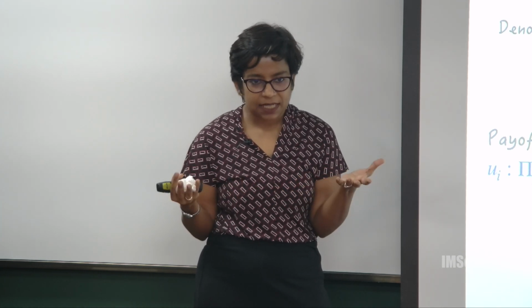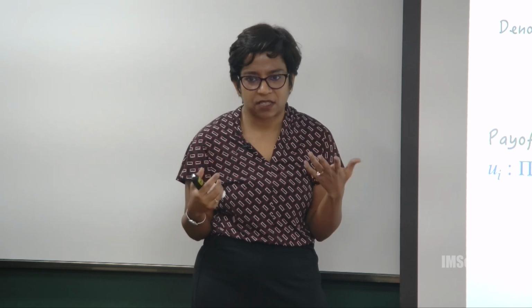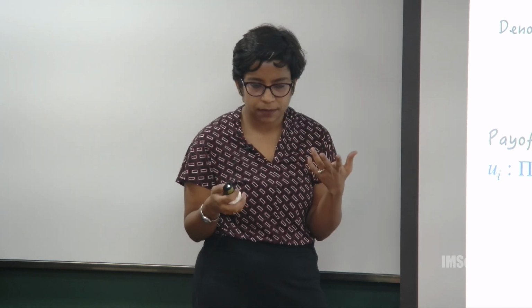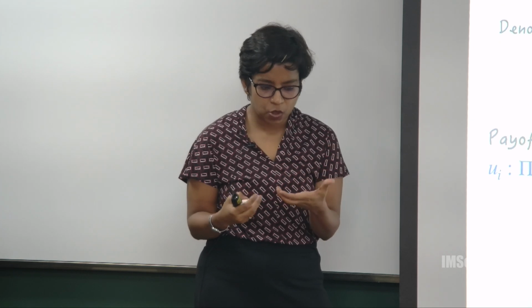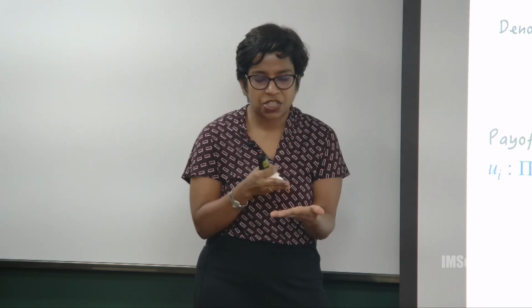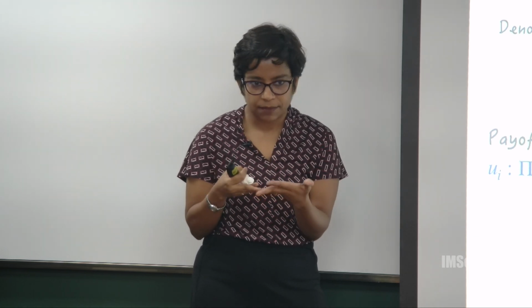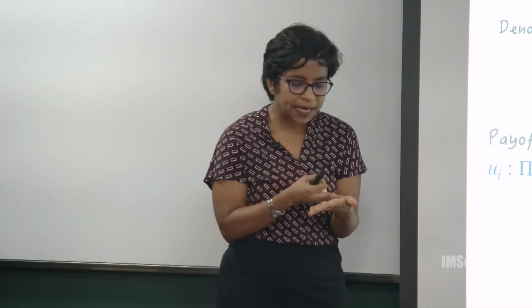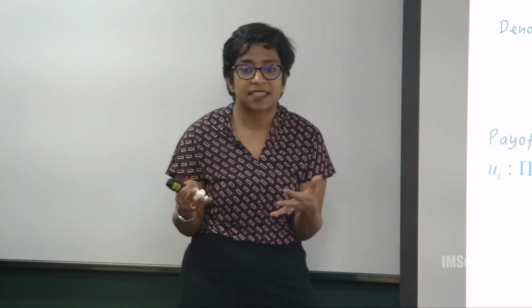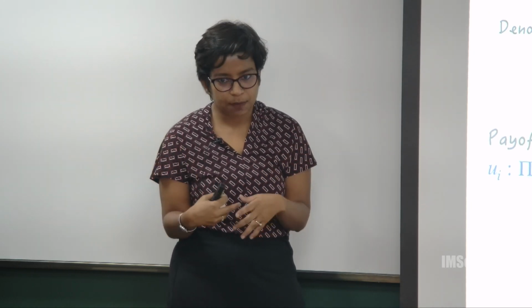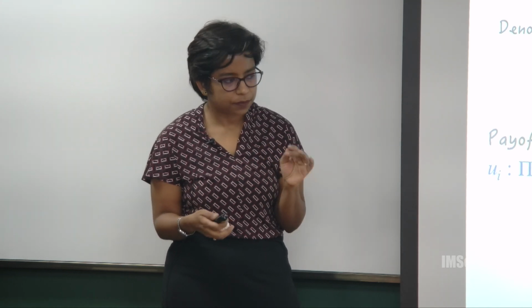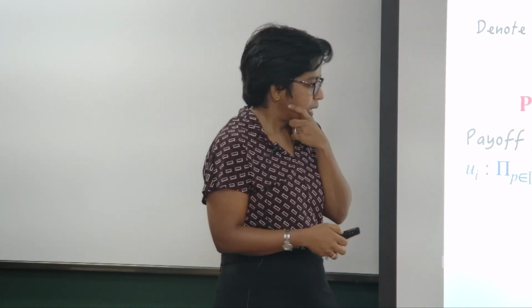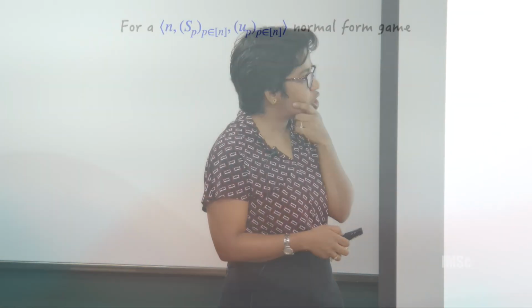That kind of thing is what is called a mixed strategy. A randomized strategy is a mixed strategy. That randomized strategy is defined over the possible actions available to me. So, a mixed strategy is equivalently defined as a distribution over the action space of the player. Okay? All right.